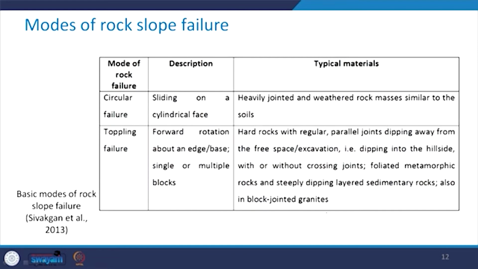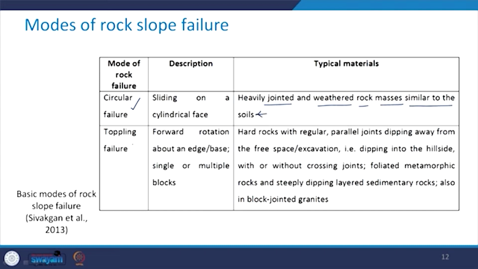The third one is the circular failure, where the sliding occurs on a cylindrical face, and this type of failure is observed in case of heavily jointed and weathered rock masses, which are quite similar to soils.